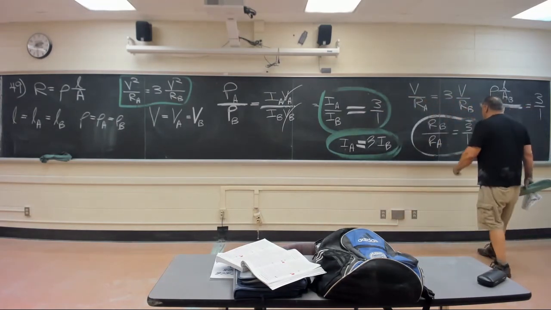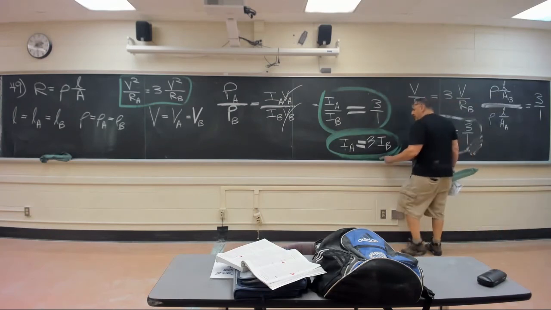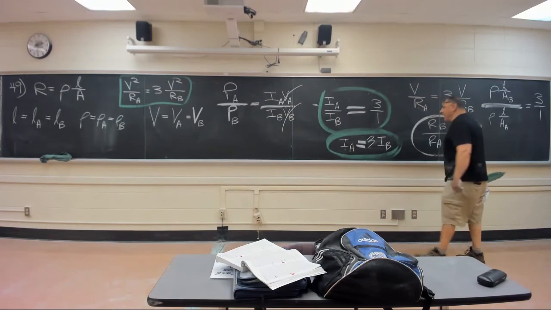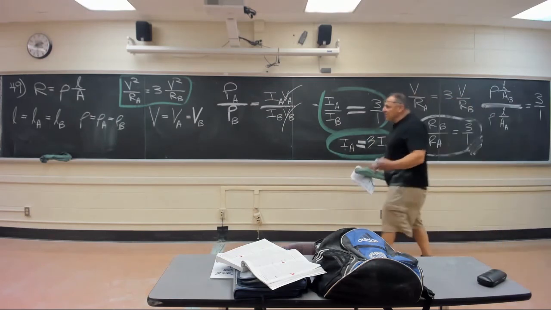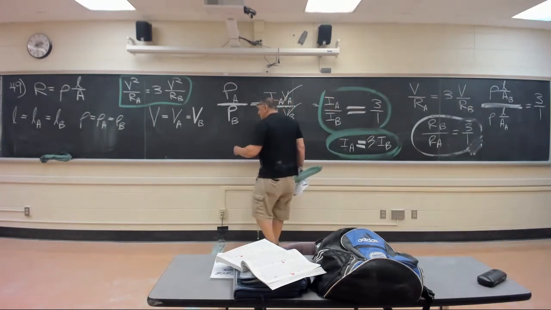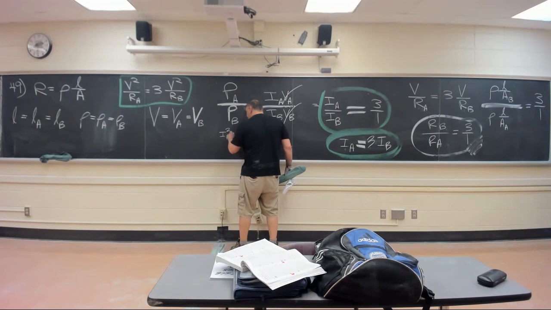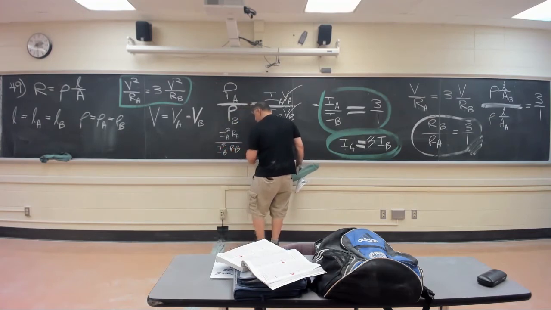It's got more resistance, but it has less current. This guy's got 3 times the current that one has, and when you're comparing the powers, you're comparing I squared RA over I squared RB.